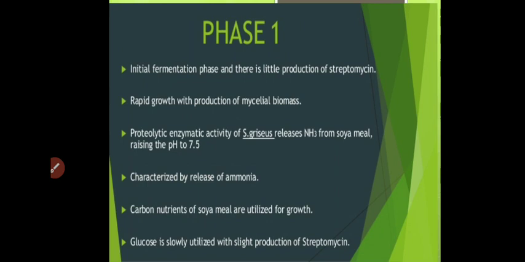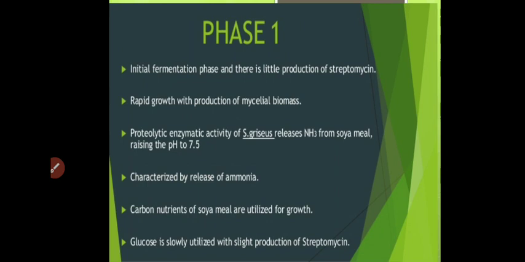When this enzyme acts on the soya meal, ammonium is released into the medium, and the pH of the medium starts increasing from 7 to 7.5. This increase of pH is characteristic of the release of ammonia.